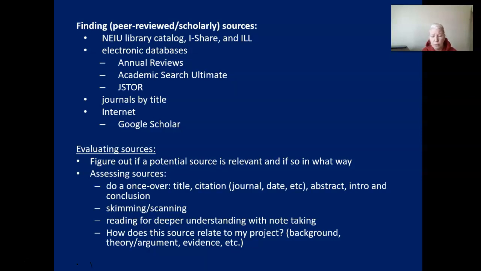If you can't tell from doing the skimming I've already talked about with the abstract, then you can also read the introduction and the conclusion of an article or of a book, and that should give you quite a good sense of what that piece is about, okay? So again, these are the tools of skimming and scanning. You do not want to sit down and carefully read every word of these articles at this point.